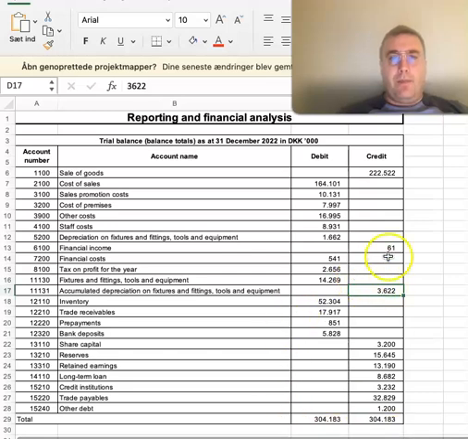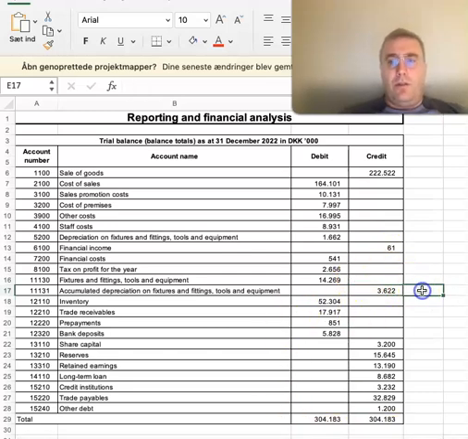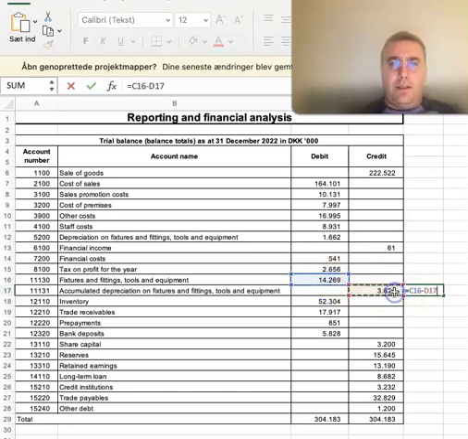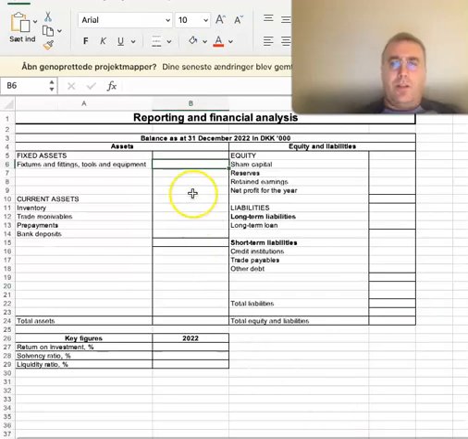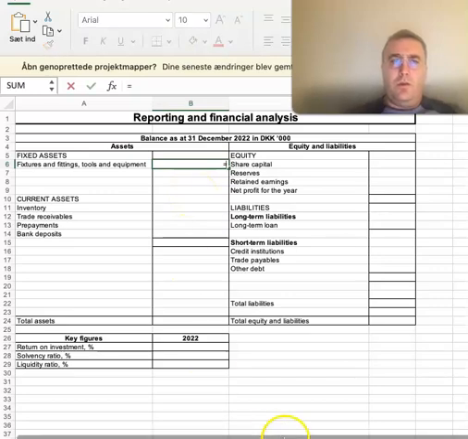Therefore, in order to get the right result, say this minus this, and that will be the correct figure that you should place in. Just copy it here. This will be equal to this.